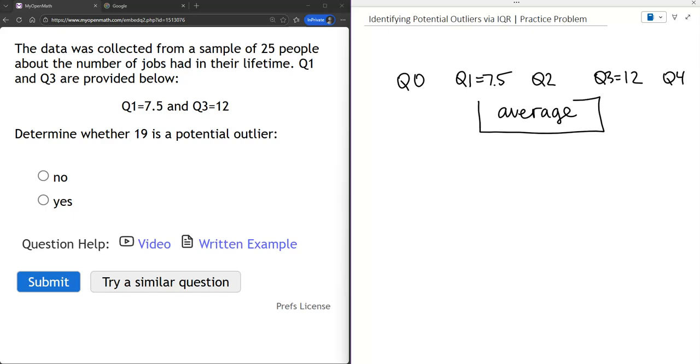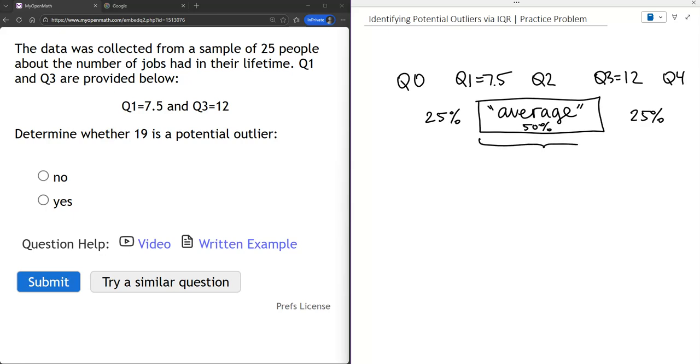I don't want to use the word range because it's a technical term in statistics, but the average spectrum of values, which we would consider to be average, are defined by Q1 and Q3 as the middle 50% of your data set. So 25% of the data is below it, 25% of the data is above it. And this is what we would call middle class, or the average. It's the middle 50%.